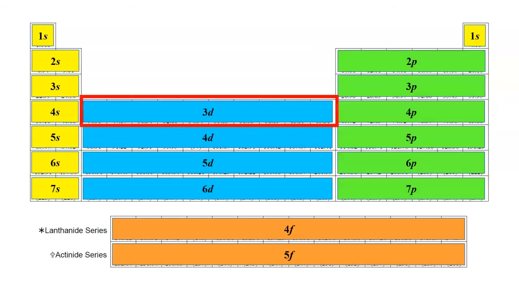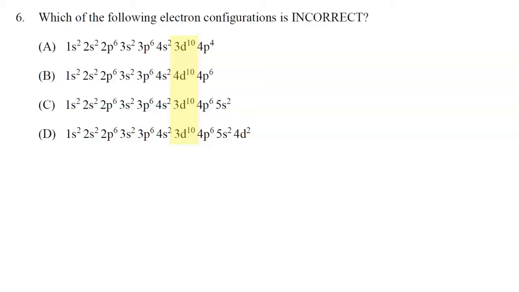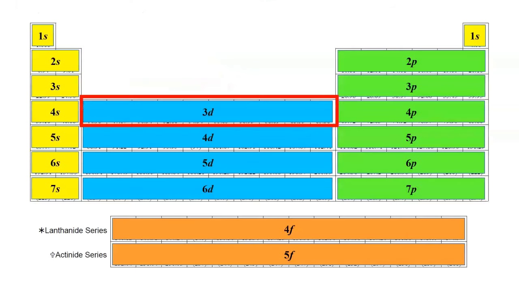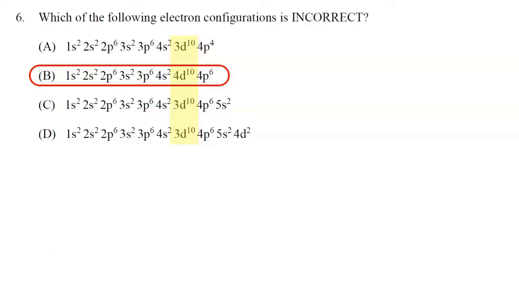After 4s2 would be the energy level for 3d. So therefore, looking at the 4 choices in question 6, we can see that choice B is the one that's incorrect, because after 4s2, they wrote 4d10 instead of 3d. So that's the part that's incorrect, which makes choice B the answer to question 6.